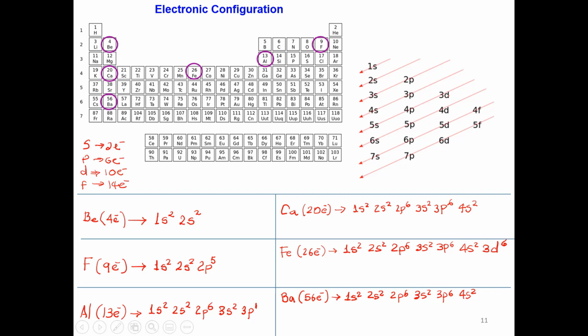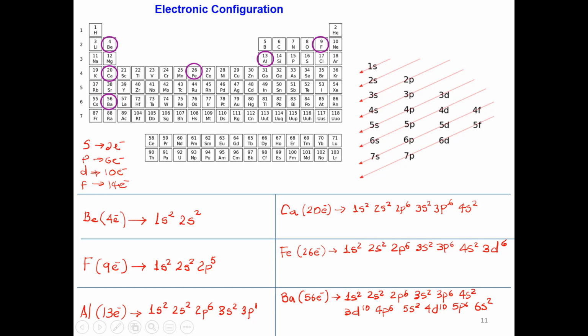Then we have 3d. Let me write here 3d10, 4p6, 5s2, and now next 4d10, 5p6, and 6s2.